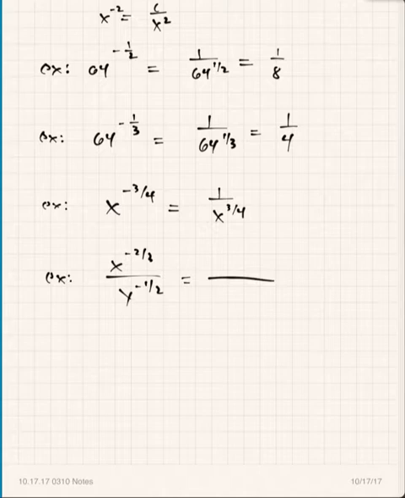It takes the factor and moves it to the other part of the fraction. Right, so the y to the negative 1/2 goes to the numerator as y to the positive 1/2, and the x to the negative 2/3 goes to the denominator as x to the positive 2/3. You just get rid of the negative exponents the same way we've done before with other kinds of problems.